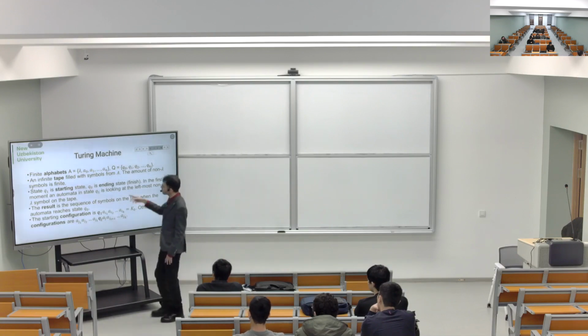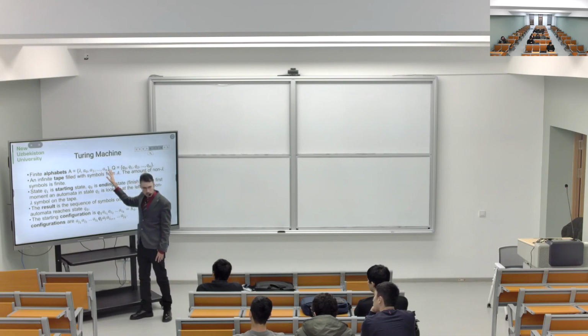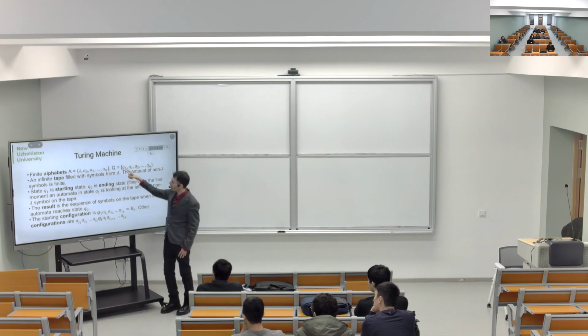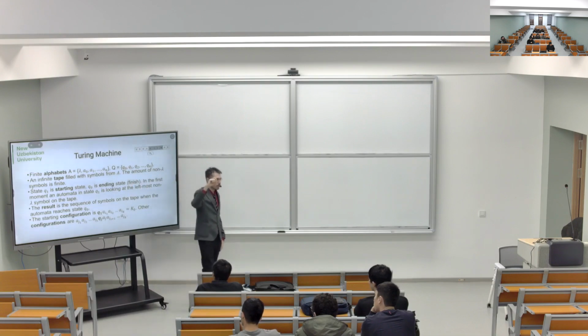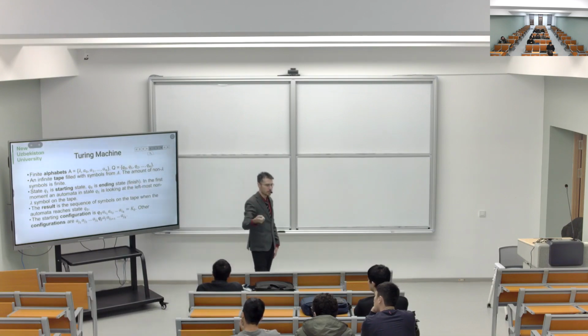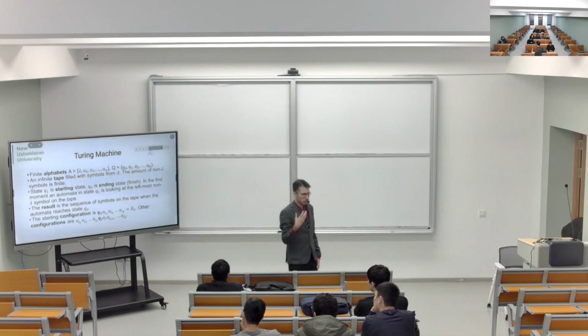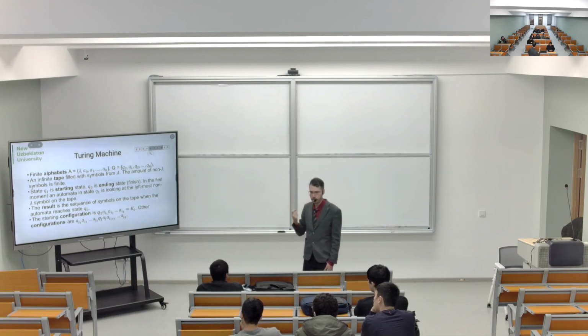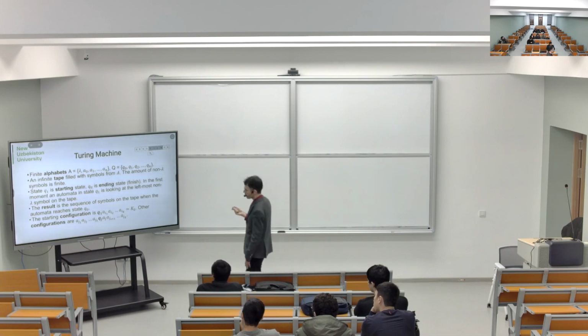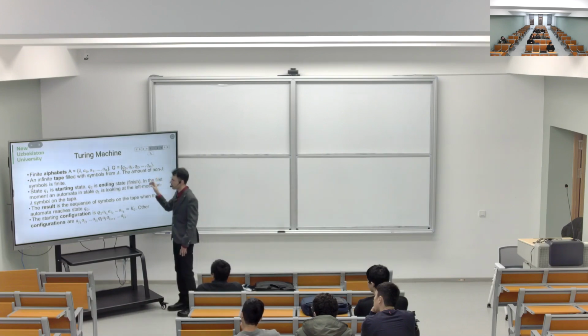Other symbols mean something. Then we have an alphabet of states. Our machine has some states in which it can be. So it is also a finite set, like some numbers.